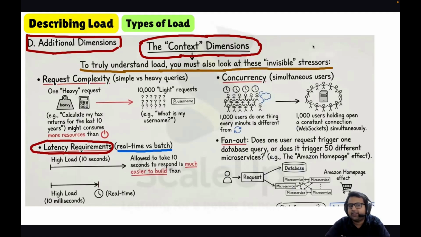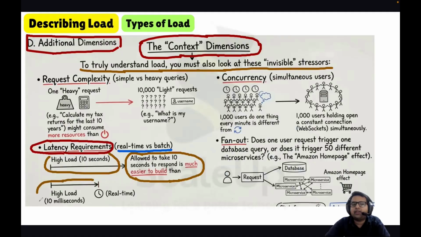Systems that can take 10 seconds are easier to build than real time systems that have to respond in a fraction of a second. So latency requirements are also a way of describing the load.